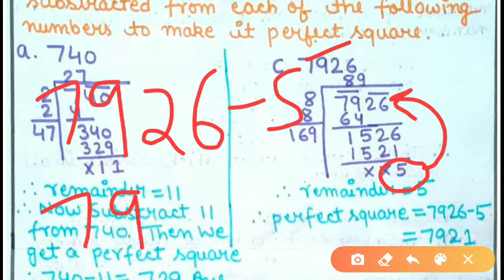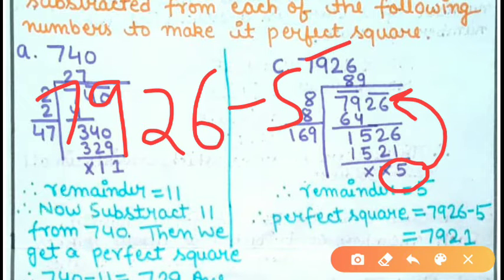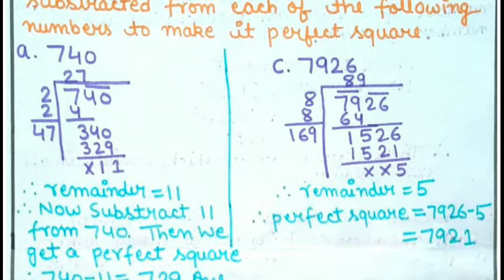This will give you 7921. 7921 is a perfect square, because when you factorize 7921 you will not get any remainder; you will get a remainder of 0. 7921 will be your answer. And what is the least number you have subtracted? 5 is the least number that you have subtracted to make 7926 a perfect square. Clear?